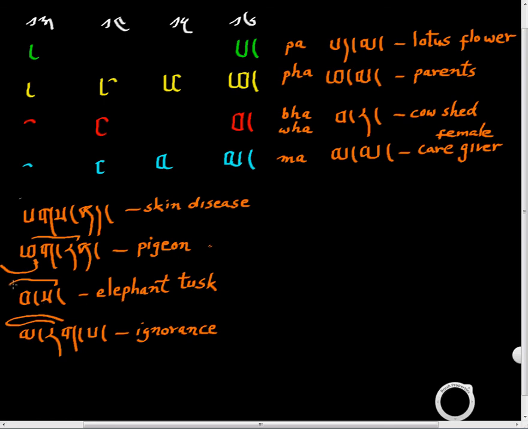Pa, sa, naro, so, paso, meaning elephant tusk. And then ma, ra, kigu, ri, ka, rik, pa, ma, rik, pa, meaning ignorance. So these are the examples for letters 13, 14, 15, and 16.